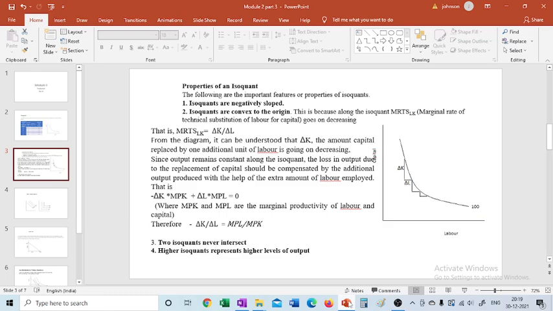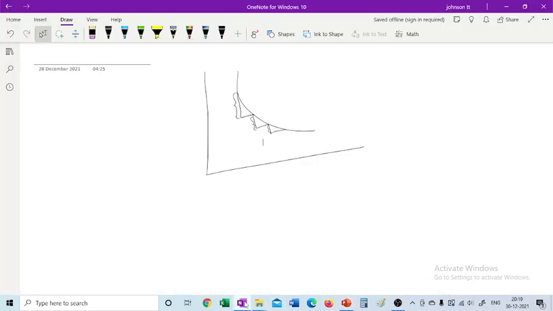So when you employ an additional unit of labor, how much output can you contribute? That must be equal to the loss in output because of the replacement of a certain quantity of capital. So we can write it as: when you replace some capital, how much output are you losing?